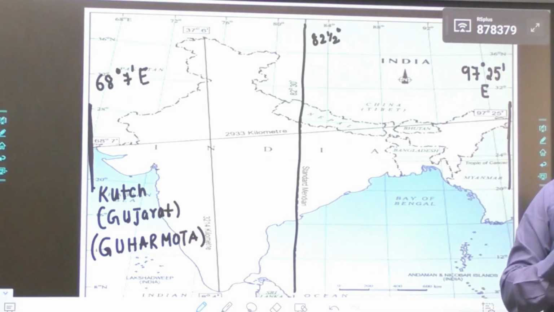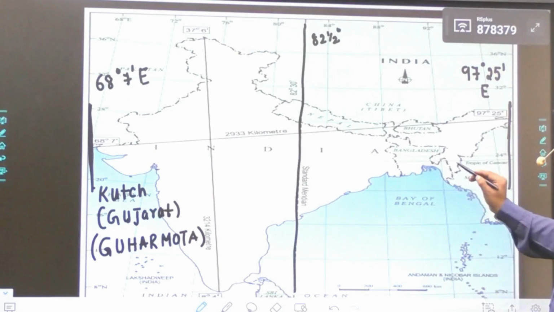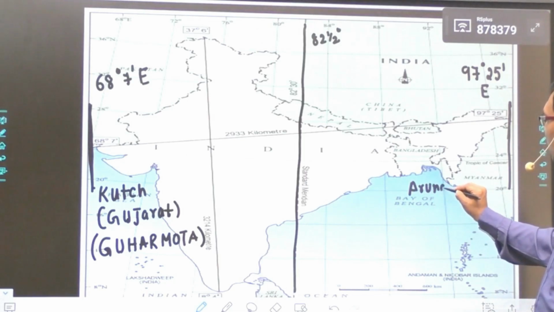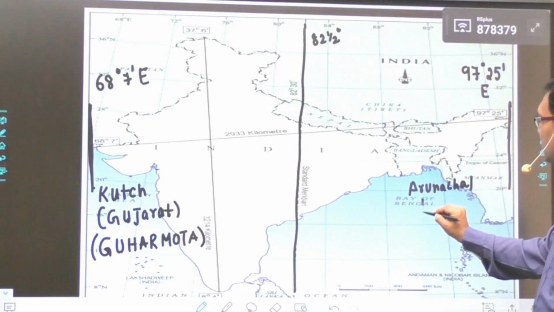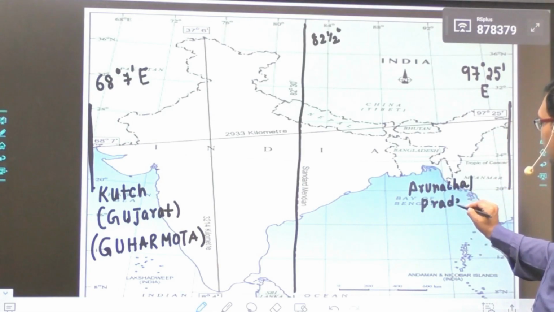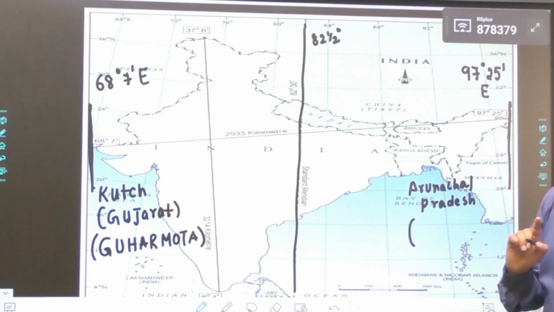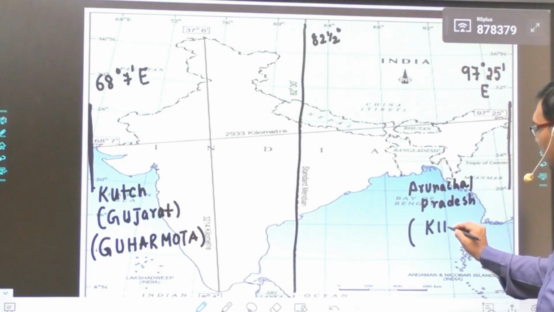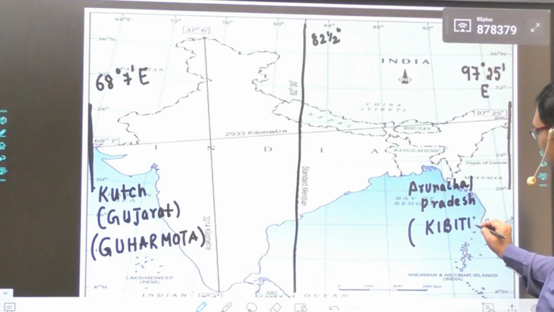And your eastern part, Arunachal Pradesh, is the easternmost, yes or no? In this easternmost part, there is a point called Kibitu.